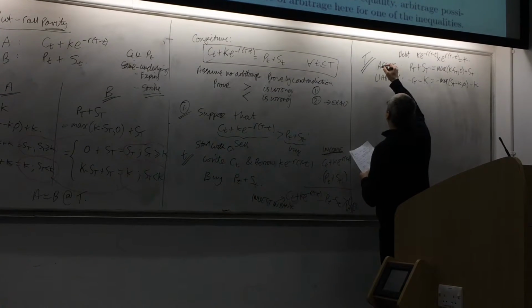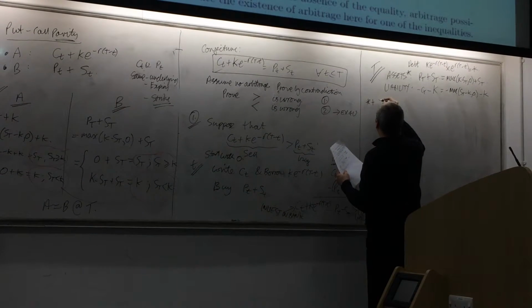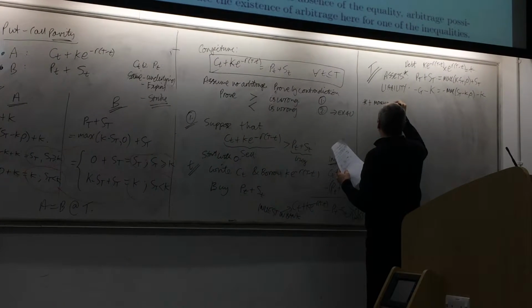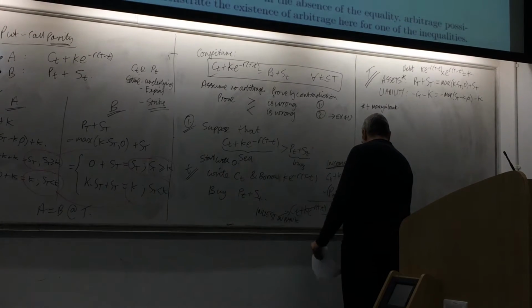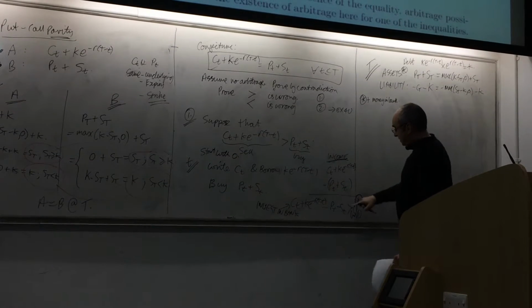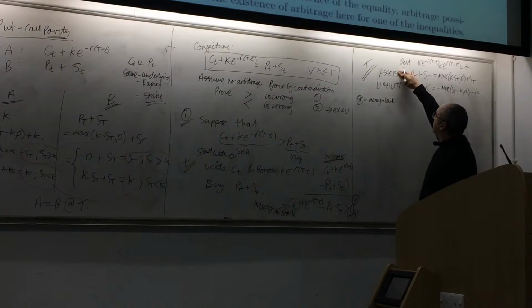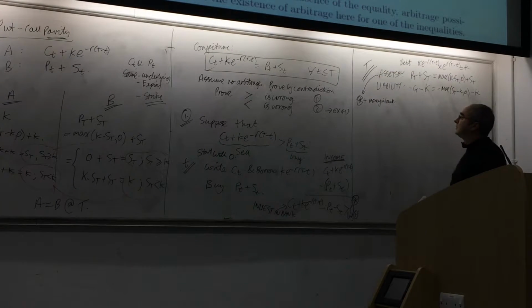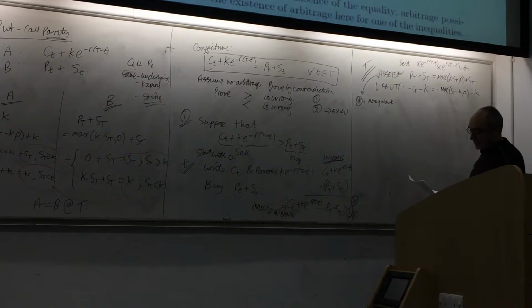And of course, I've also got here plus money in the bank, which I'll call star. Okay, so I've got the money in the bank as well. So this is my wealth. I've got money in the bank, and I've got those liabilities.